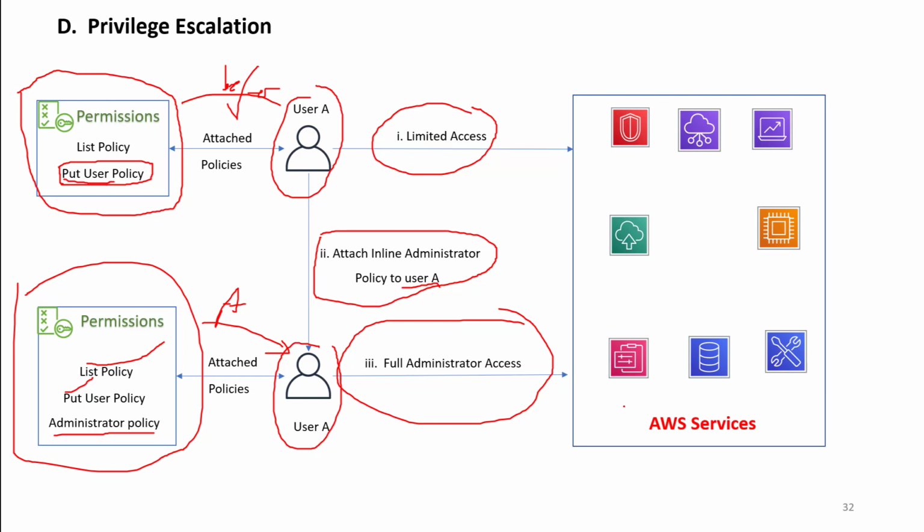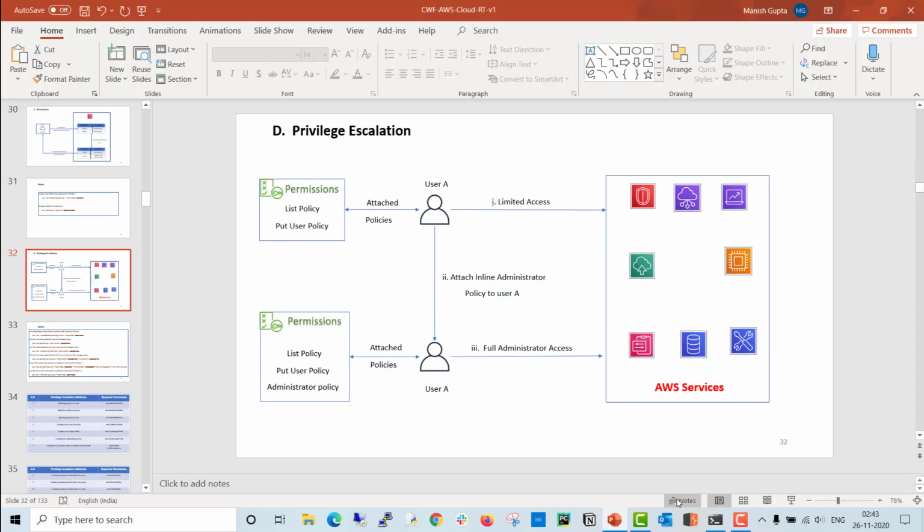Let's discuss how we can practically perform all these activities. Suppose there is a scenario where we have access to a user which has limited rights. You can see here we have already configured our AWS CLI, and we want to check which user's rights or key I have.